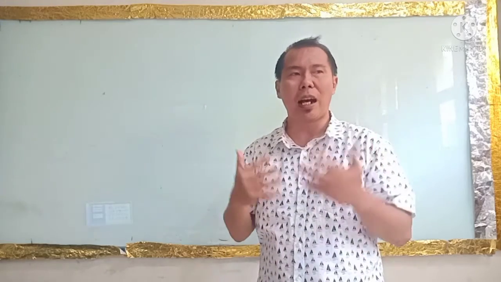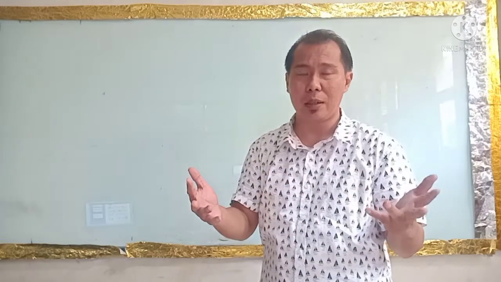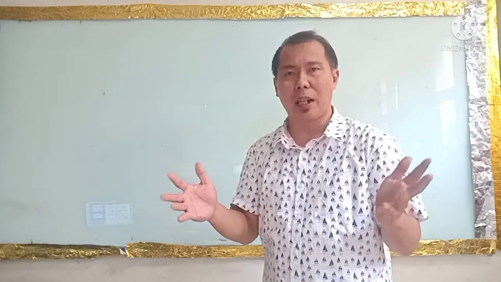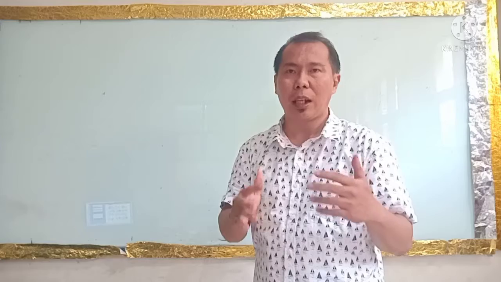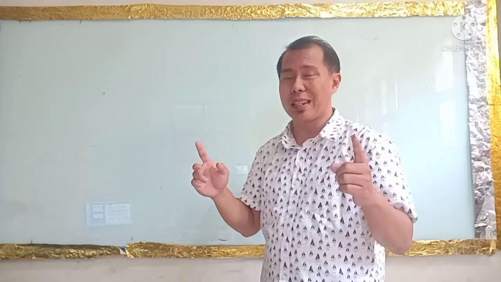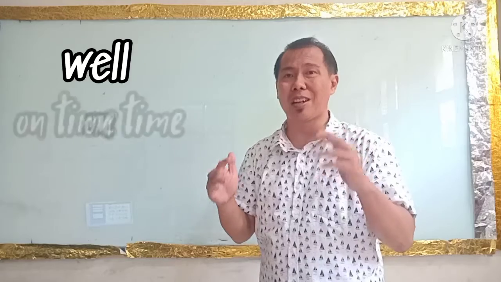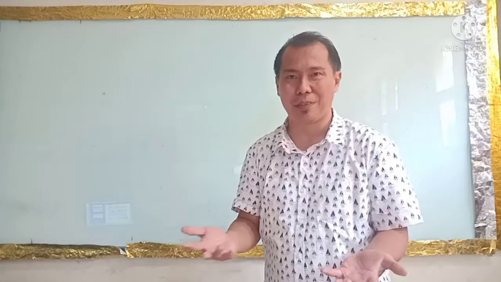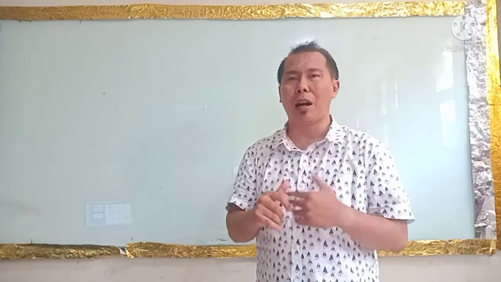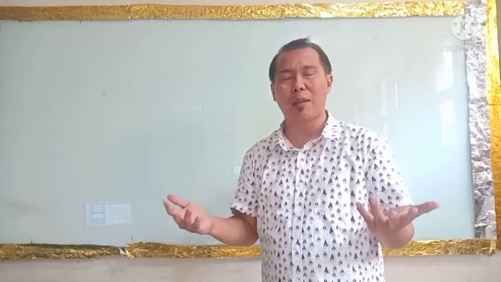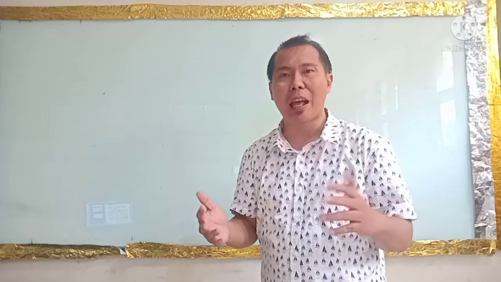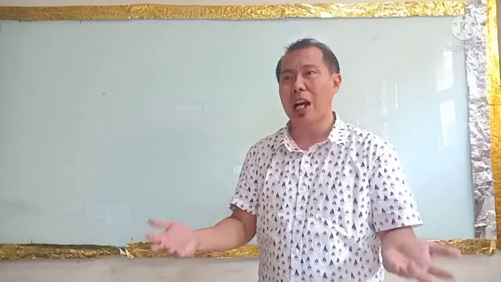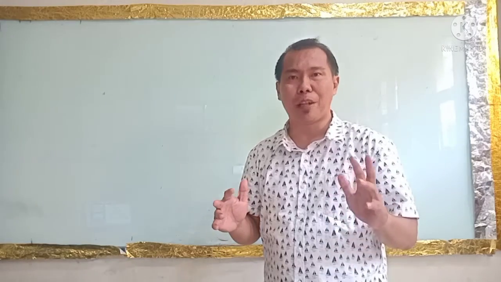I set up a group of students and they have to do the work together, like project-based learning. At the end of the project, the group who did the project really well and on time as standard will get an incentive. The incentive can be a reward during snack time, like more recess and more snack time outside the class after they've done the project.